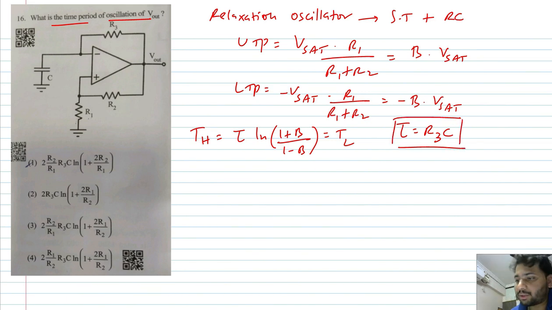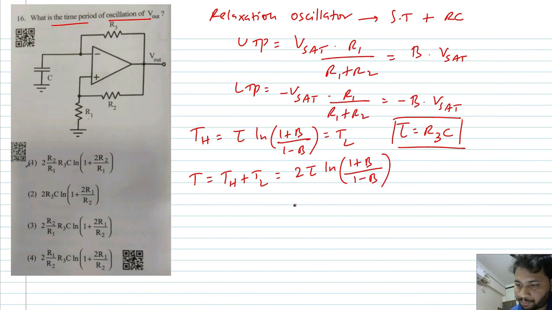R3C. So the values of TH and TL will be identical. And the total time period is obviously the sum of TH and TL. Since TH and TL both are equal to tau ln 1 plus B by 1 minus B, the time period will be 2 tau times ln 1 plus B by 1 minus B.